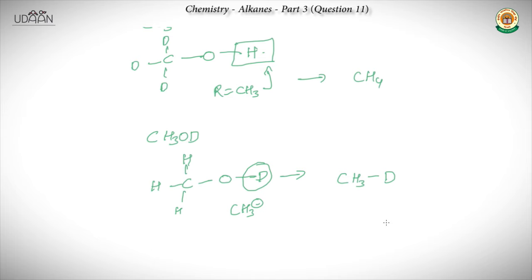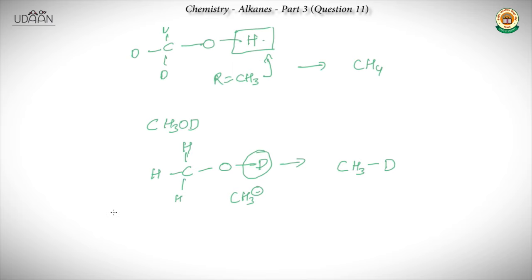Now, I want to tell you a few things about this Grignard reagent. First I want to say how this Grignard reagent is formed. You'll start with an alkyl halide, you treat it with magnesium, you will get RMgX. Now, I want to tell you which hydrogens this Grignard accepts.